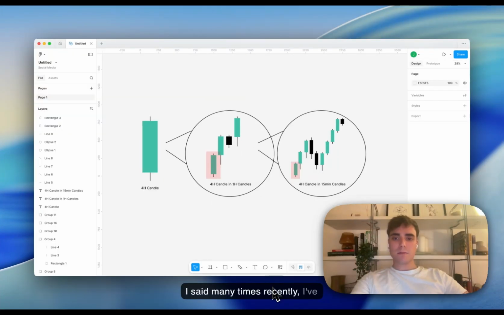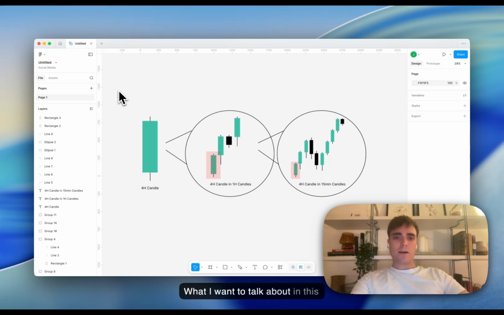As I said many times recently, I've been trading more and more the 4 hour candle opens, the same way I would do it on session opens, but instead waiting for the new 4 hour candle to form and looking for the same things: a manipulation move, then a move in the opposite direction. We're not going to get into this today, it's not part of the video.